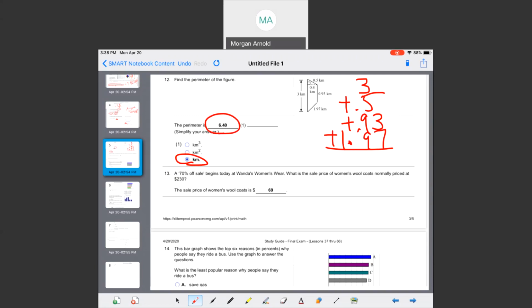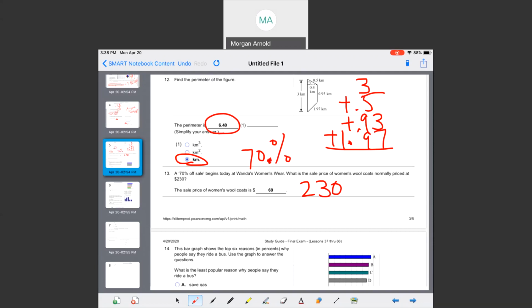Question 13. A 70% off sale begins today at Wanda's Women's Wear. What is the sale price of women's wool coats, normally priced at $230? Again, picture yourself going to the store and you see something 70% off. Just like we did with sales tax, you change your percent into a decimal.